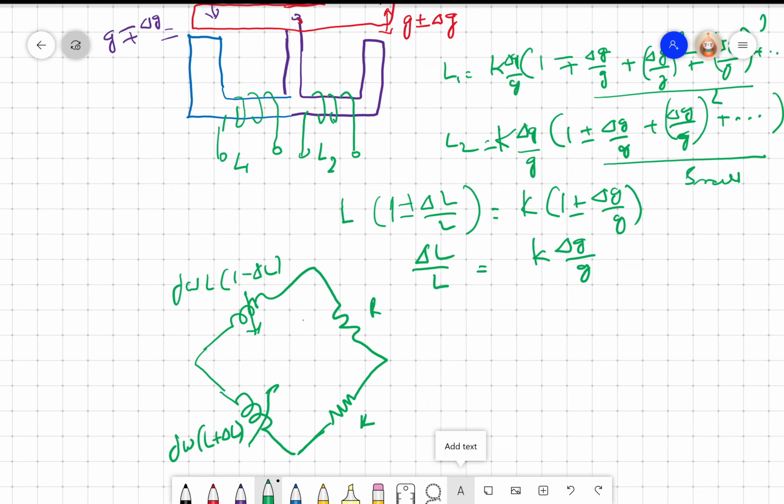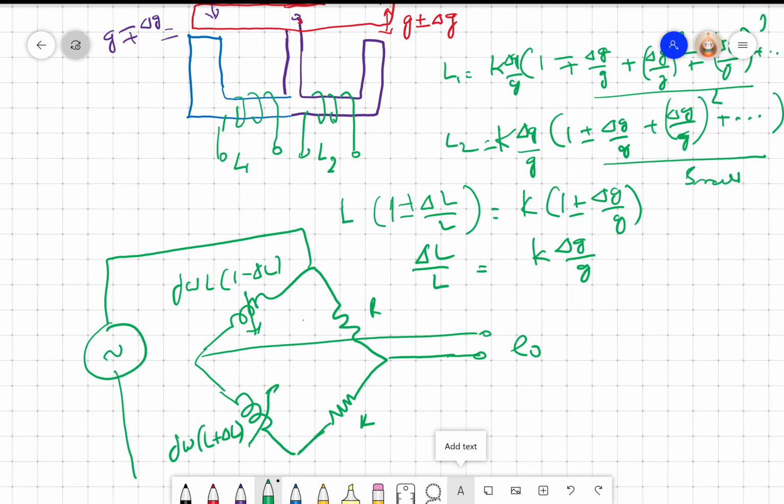This is R, and we take the output as E naught, and I excite with a sinusoidal voltage source. Please remember, when we use inductances, we cannot use DC excitation, mainly because for DC, inductance is a short circuit, right? And of course, this will have a small resistance which we are neglecting. Let's look at all those niceties a little later.